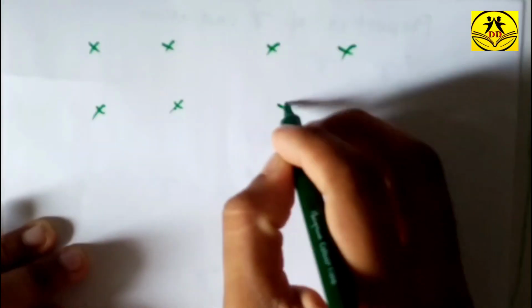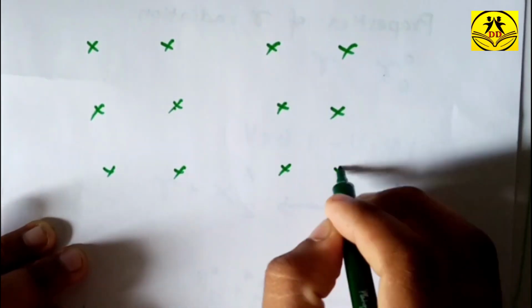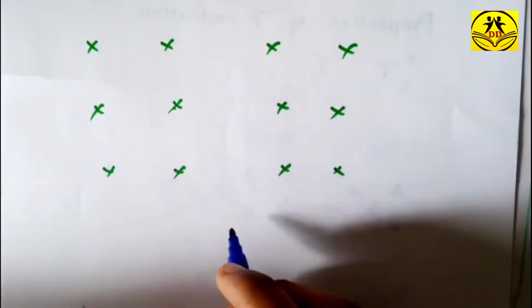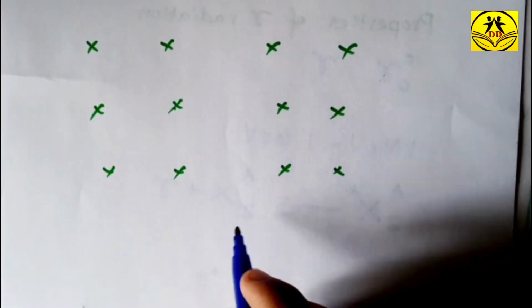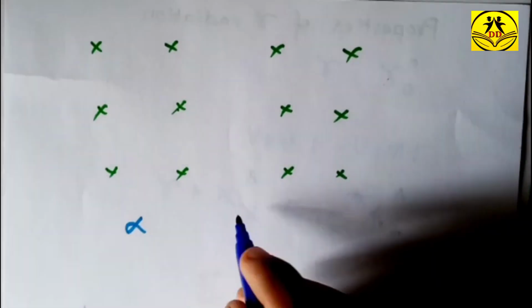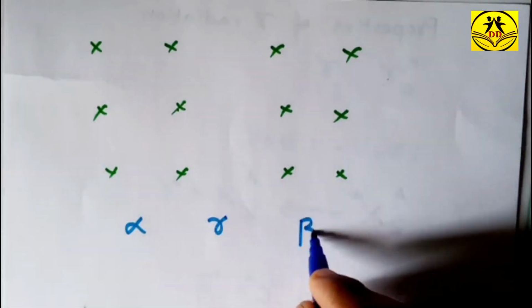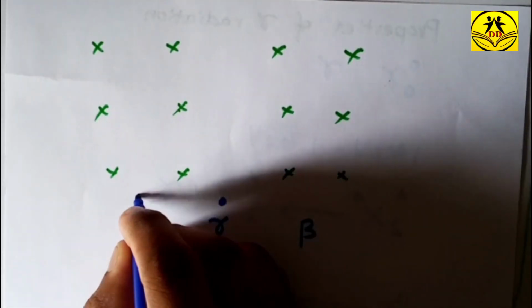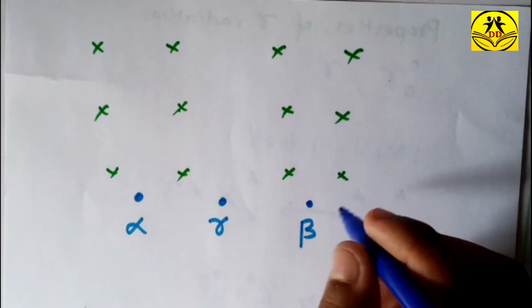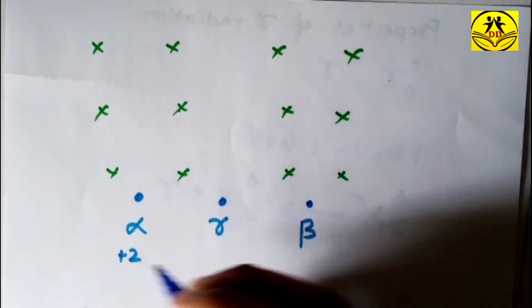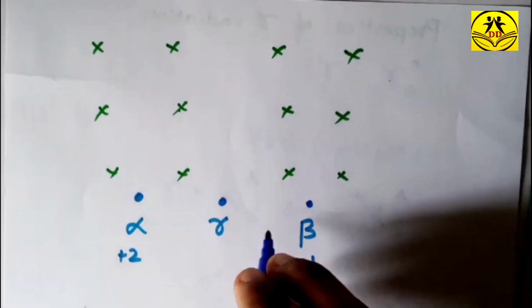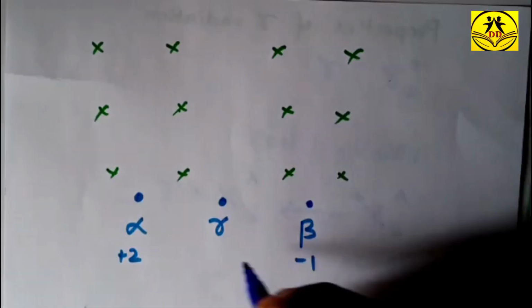When we consider a magnetic field in a direction into the paper, and we send these three types of radiation, alpha radiation, gamma radiation and beta radiation, starting from these points, we know that alpha has +2 charge, beta has -1 charge and gamma has 0 charge.